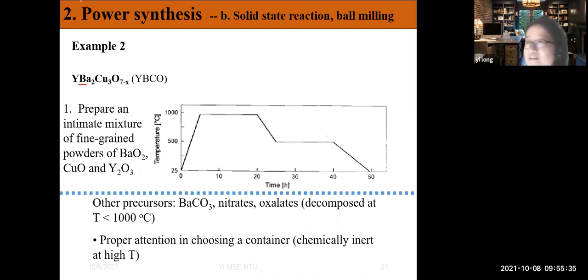Yeah, some students said correct. Yongjing, yes, it is a superconductor. It is a high temperature superconducting material. If you want to know a little bit more, please Google from the website.